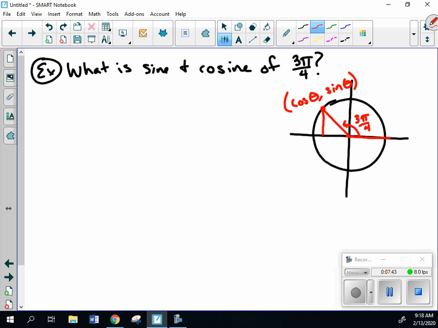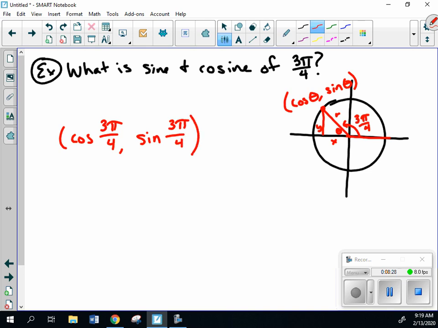We get that because if you have this measure here, this is your x, y, and r. Cosine of theta is going to represent your x over r, so that's going to give you your x value, based on that previous trig function. So when we're talking about finding the sine value or cosine value of an angle, you're really looking for the coordinate based on that unit circle. So we have the cosine of 3 pi over 4 and sine of 3 pi over 4.